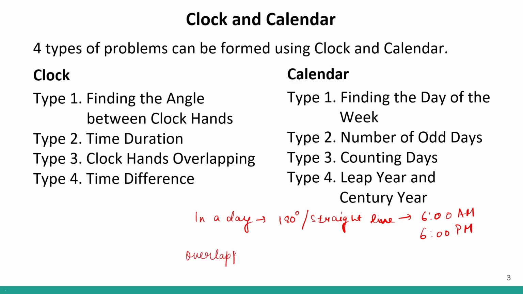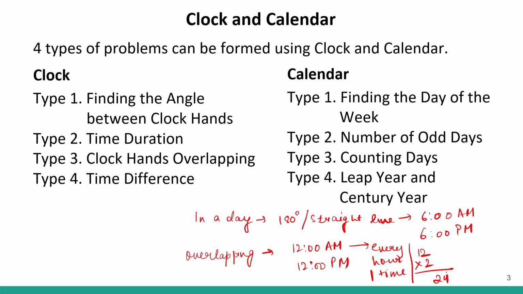And overlapping of hands. So in a day, how many times do clock hands overlap? 2 times are very prominent. At 12 a.m. the clock hands will overlap and at 12 p.m. Apart from this, every hour the clock hands overlap 1 time. Okay, and how many hours are there? Basically there are 12 into 2 hours, that is 24.